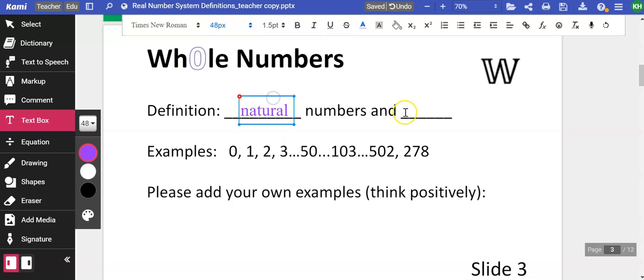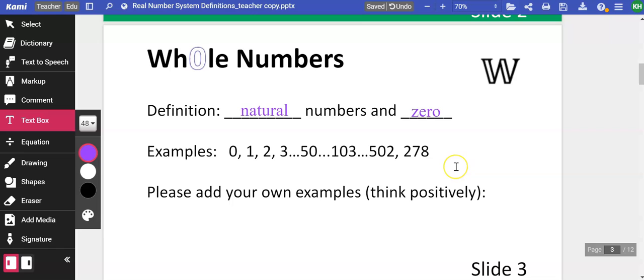So all the natural numbers and one extra number, 0. So this is the only thing, 0, that separates the natural numbers from the whole numbers. I mean, the natural numbers and whole numbers are basically the same thing, except for the whole numbers include this concept of 0. This concept of 0 came later. It's a little bit more abstract.